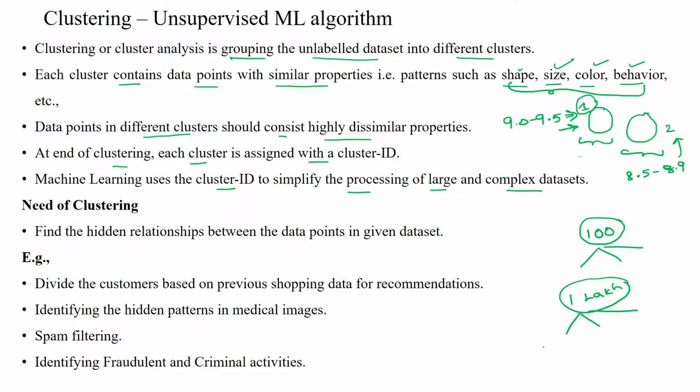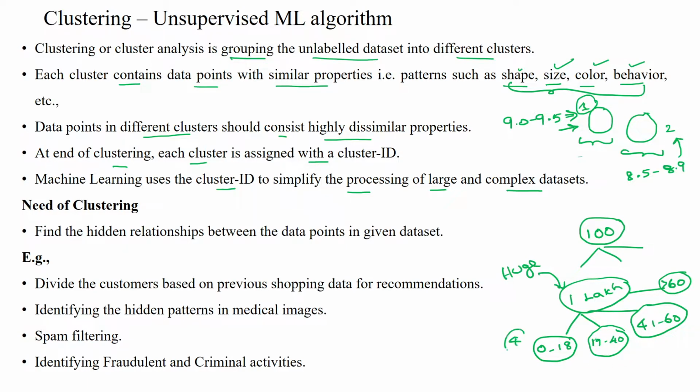For example, children to teenage, 0 to 18 is one group, 19 to 40 one group, 41 to 60 one group, and greater than 60 another group. The given data set is a huge number of population, but all 1 lakh people are grouped into just 4 clusters.